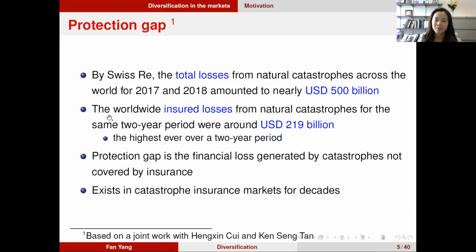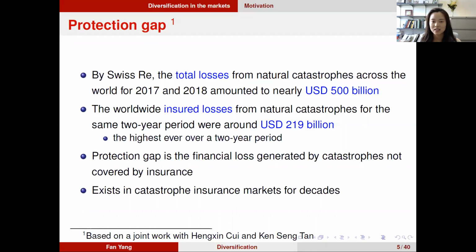Okay, but on the other hand, the total insured loss, that means the part of the losses covered by the insurance, from natural catastrophes in the same two-year period is only 219 billion US dollars.